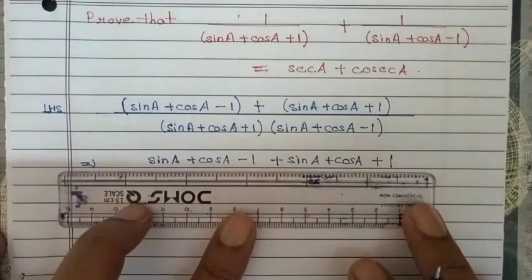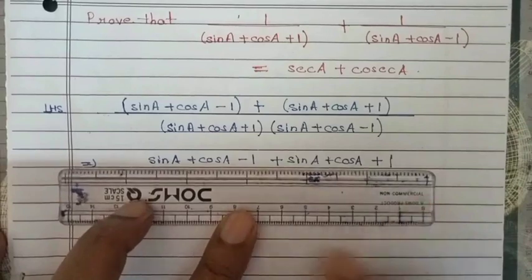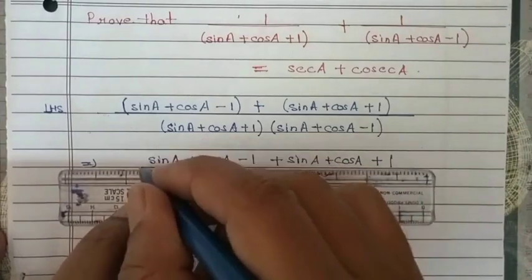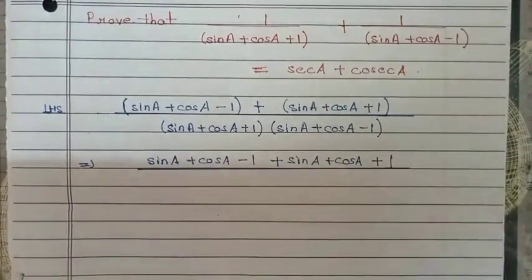In the denominator place, now see how I will multiply the two terms. See, method of multiplying these two.